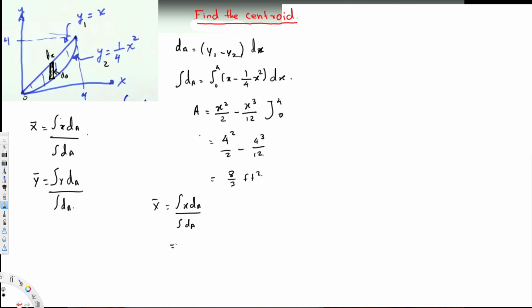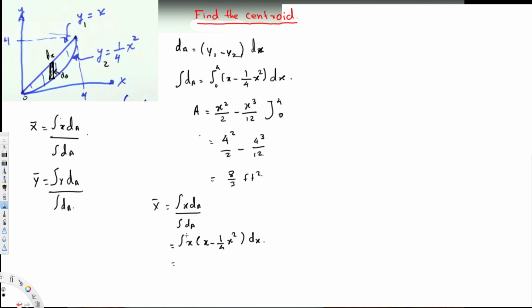Instead of dA, I put this equation, x minus 1 over 4 x square, times dx.